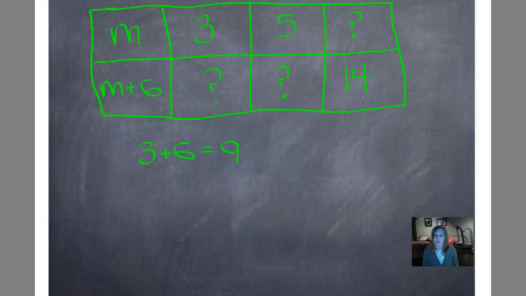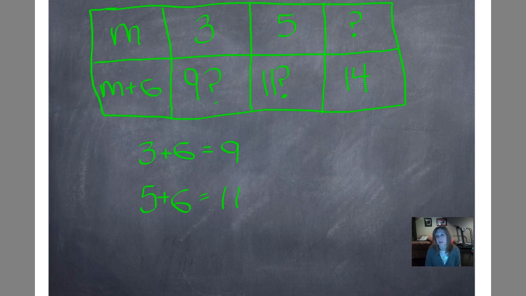So instead of this question mark, we would have a 9. Then we go to Megan's age when she's 5. We're just filling in the actual number for the letter that it represents. 5 plus 6 is 11, so this would be an 11 in this space. And then this is 14.